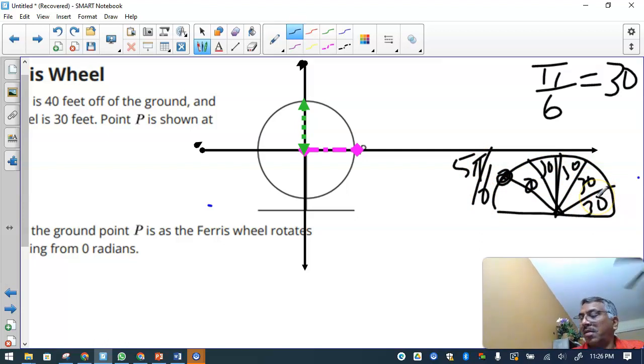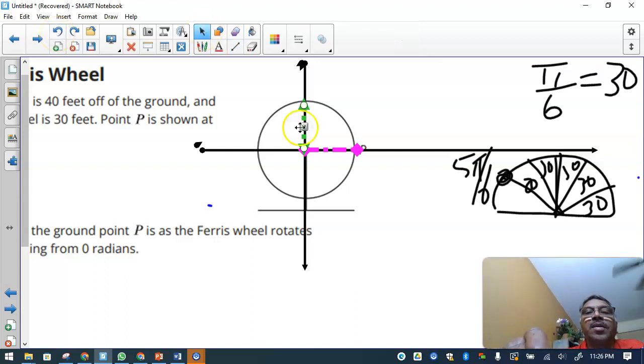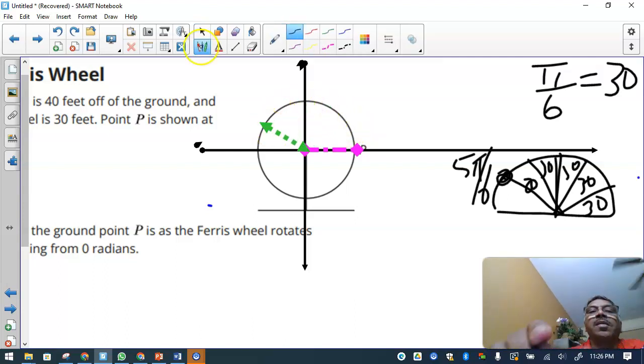So 5 30s gives you that. I'll have to move this piece. So this is what the angle 5 pi by 6 is.